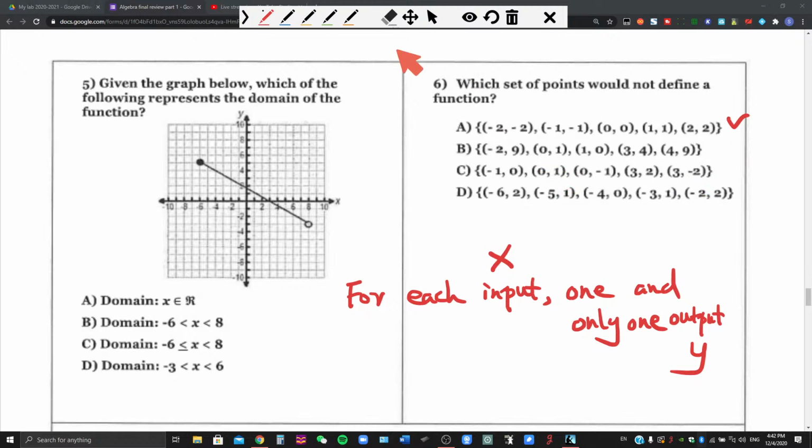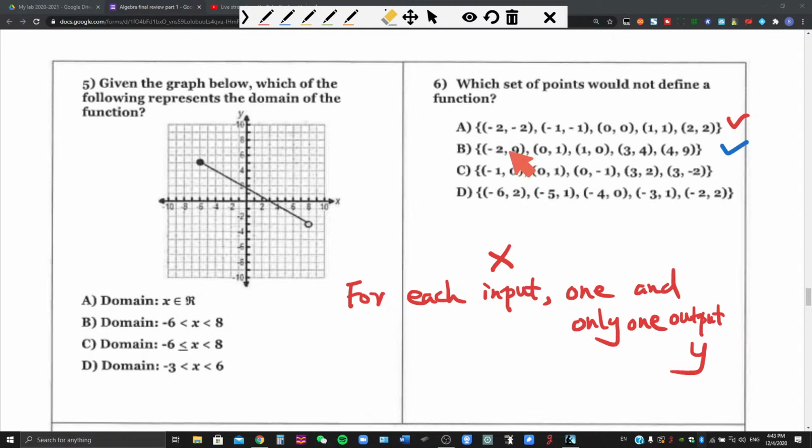Option B. Let's check option B. Negative 2 to 9, 0 to 1, 1 to 0, 3 to 4, and 4 to 9. Again, for each input, there's just one output. So B also passes, and B is a function.